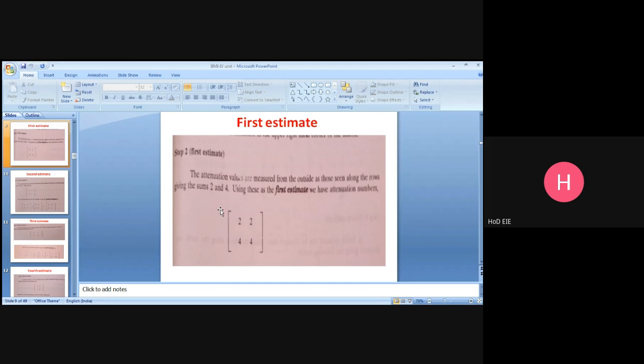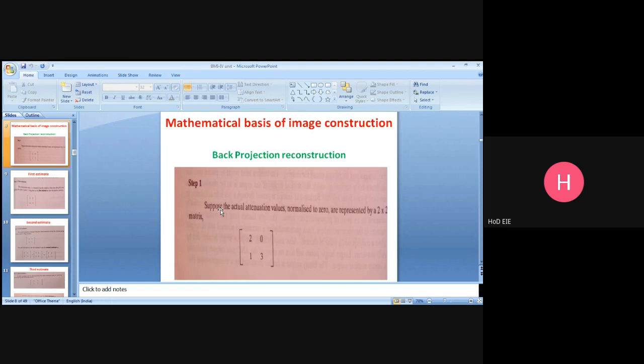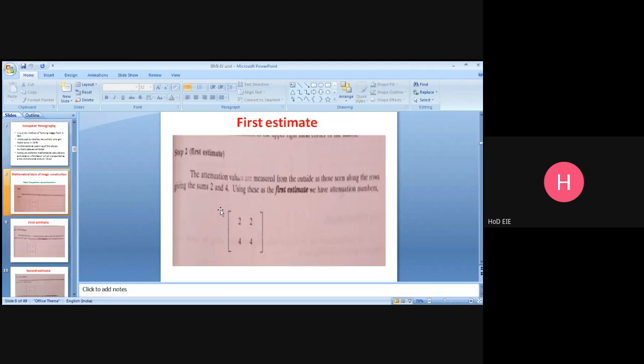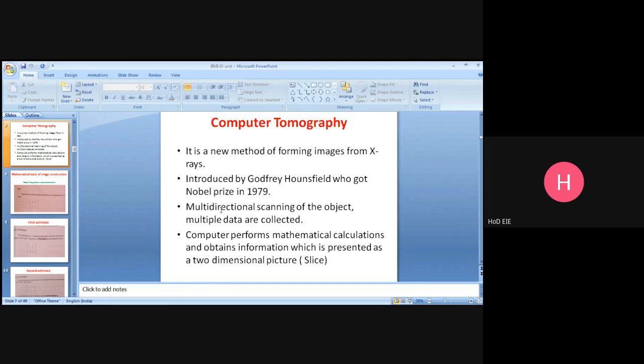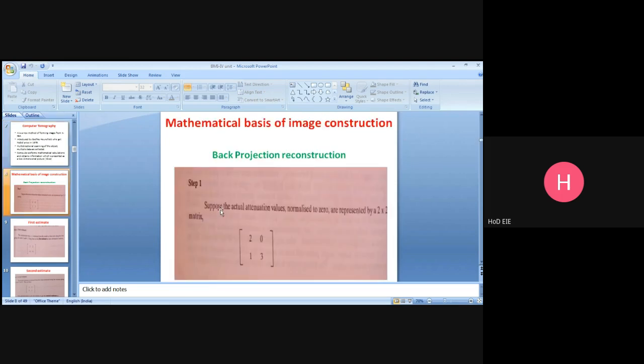Each number that is present in your matrix represents the attenuation of the space, the exact space where it is located. Here you see, you have one zero value, in your upper right corner.